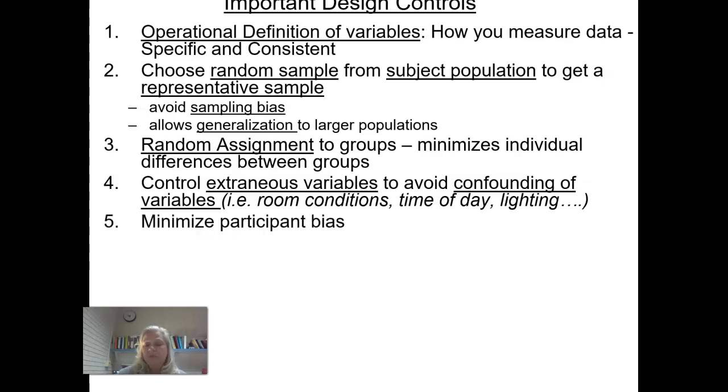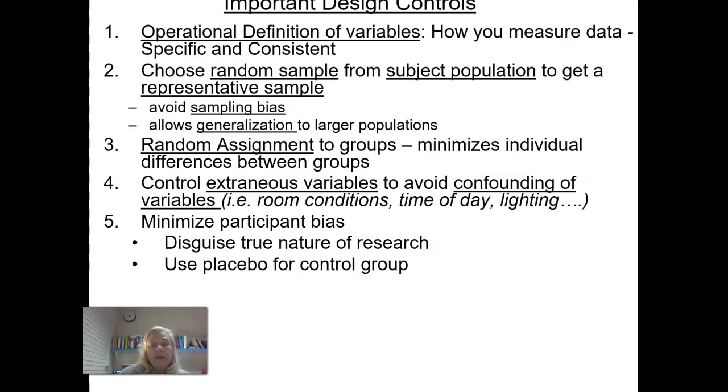We need to minimize participant bias. So we can disguise the true nature of the research. I wouldn't necessarily have to tell the students that we're in the experimental group, whether or not I was looking at their test anxiety. But in a study with a drug or a medication, we can use something called a placebo for the control group.